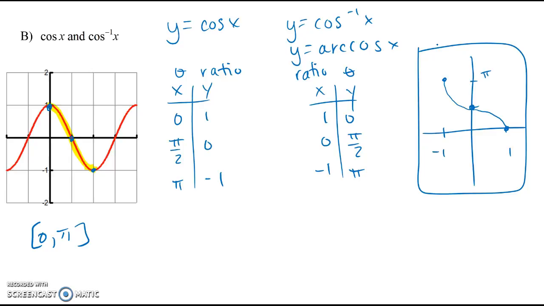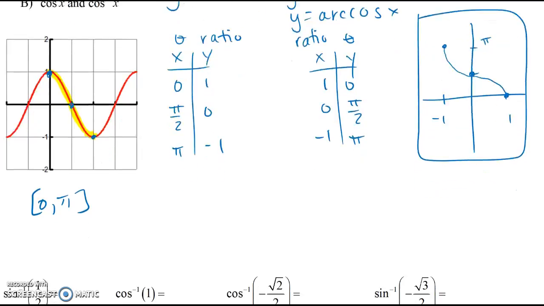All right, so what does this mean? What this means is whenever you are asked to find an angle for sine or cosine, we have to keep these intervals in mind, okay?